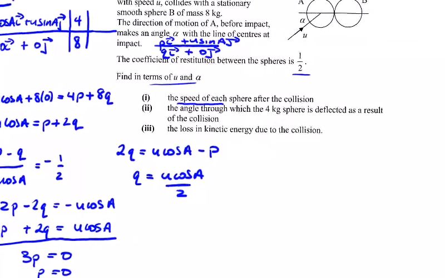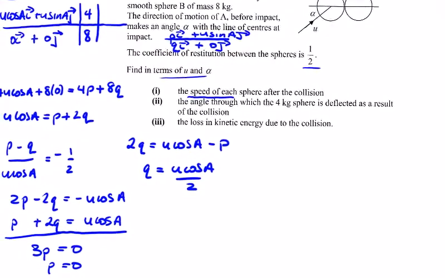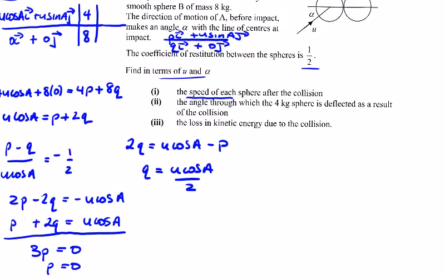Now the angle through which the 4 kilo sphere is deflected as a result of the collision. Afterwards it has 0 in the i direction plus u sin alpha in the j direction.